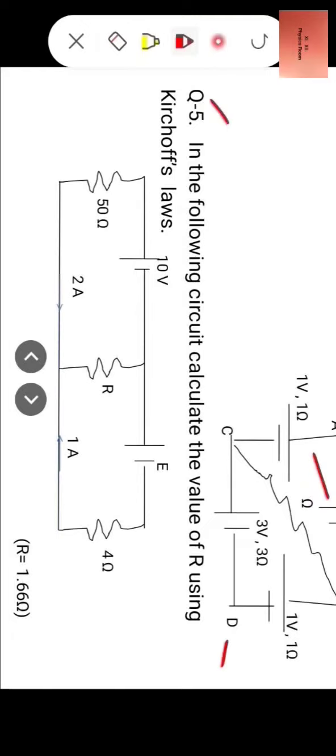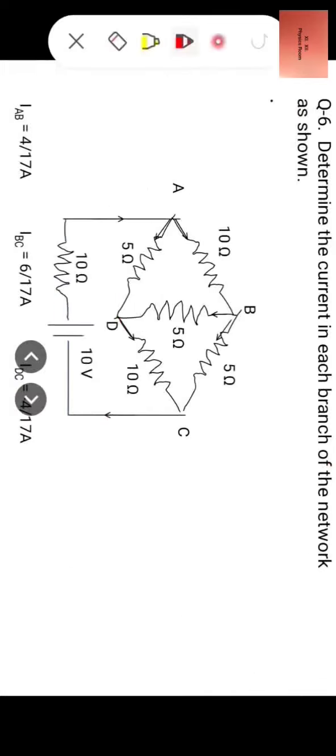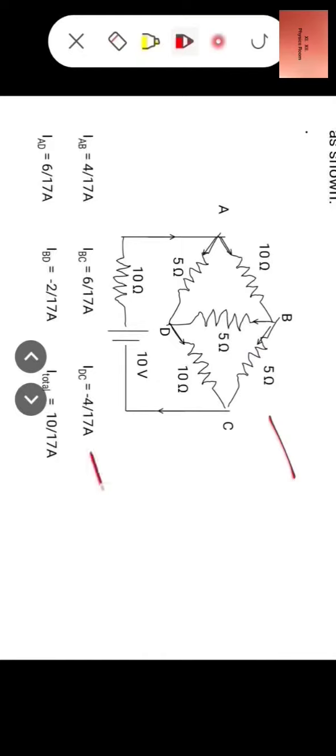Question number 5. In the following circuit, calculate the value of R using Kirchhoff's laws. And here is the answer, R is equal to 1.66 ohm for your verification. Question number 6. Determine the current in each branch of the network as shown. Here are the answers given for your verification.